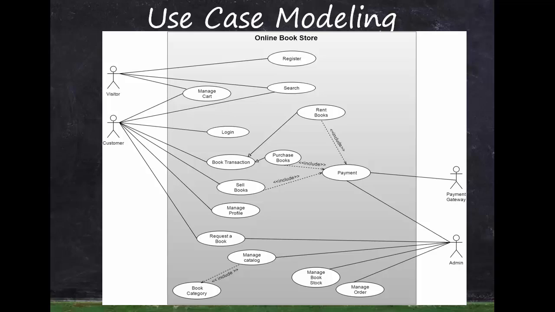Basically, there are four main actors in the online bookstore system. There is a visitor, customer, payment gateway, and admin. I will be starting from the visitor and I will go all the way down to the admin. So the visitor is the user that doesn't have an account on the website.